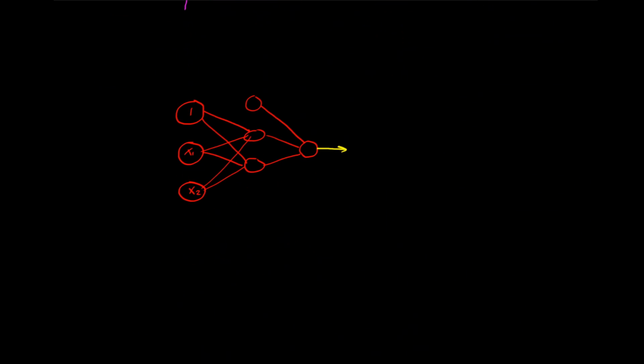With regards to some of the pieces I've been avoiding for now, let me redraw a simplified version of that network I had up there. So what do we have with this example we've been going with? We have a network, an architecture, just like we had with the linear regression and the logistic regression examples.